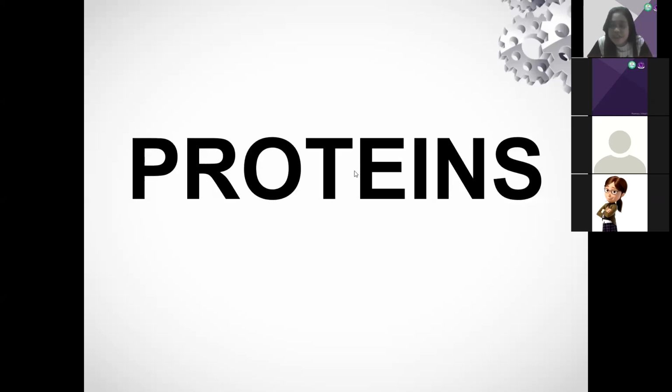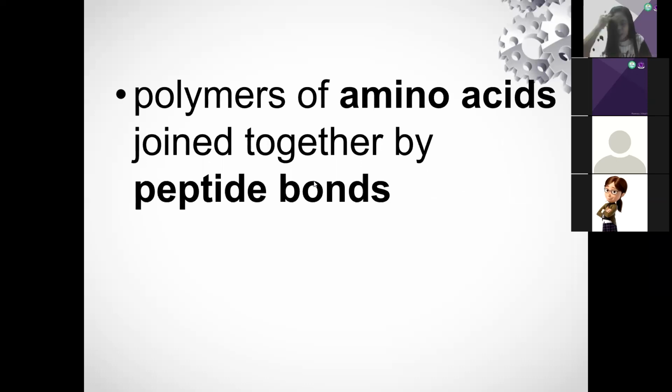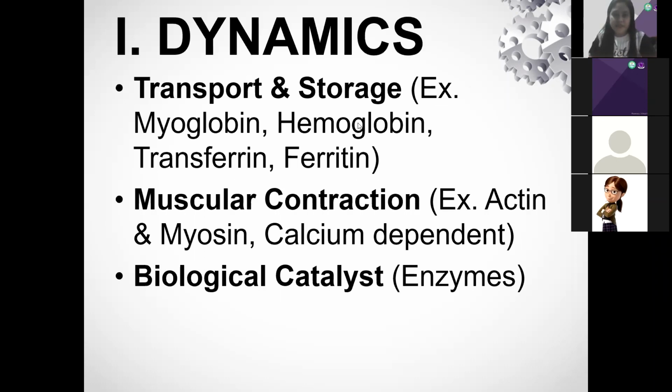Okay, let's have the first macromolecule. We have here the proteins class. So it's not new sa inyo ha. The building blocks of the proteins are the amino acids. And the bond is called the peptide bonds. So do not forget, building blocks ng proteins, amino acids, bonds, peptide bonds. Okay?